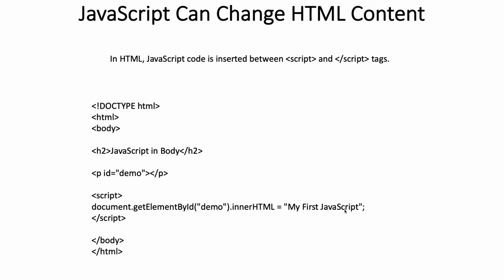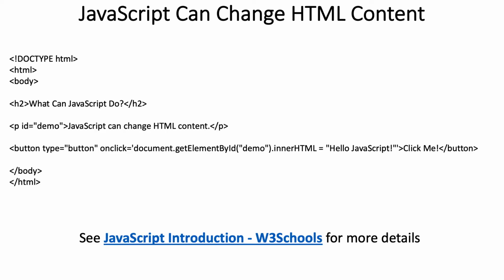That's the end of the script, end of the body, and end of the HTML. And if you cut and paste or type that into your browser, you will find out that it works. That's how simple JavaScript is. And if you want to see it, you can see JavaScript Introduction at W3 Schools for more details.